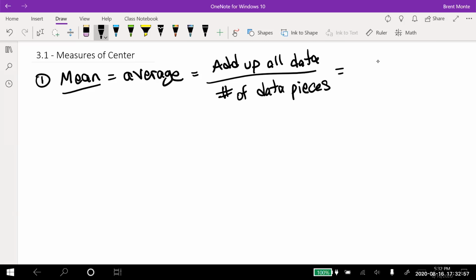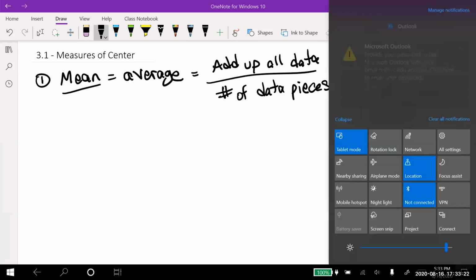Numerically, we use a sigma symbol, which stands for the sum, meaning we add up all the x's, and then we divide by n, where n is what we call the sample size. So it's the typical way that we find the average of something. We add them all up and divide by however many we have.